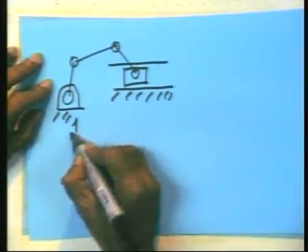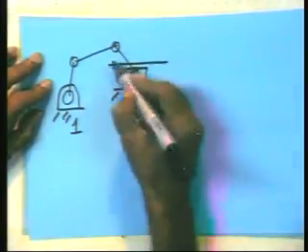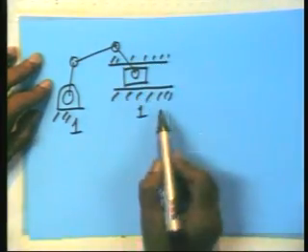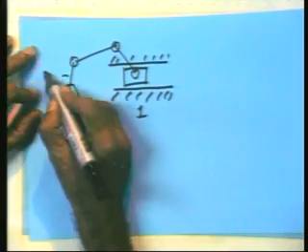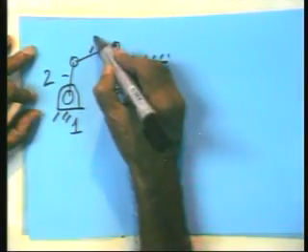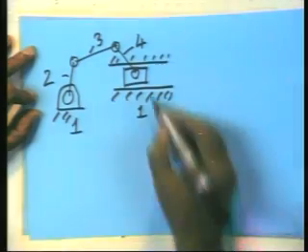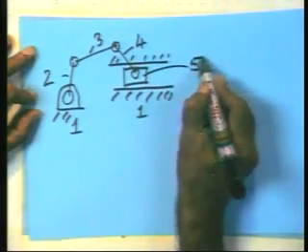The base link is 1, the same base link is there. The guide is also a base link, remember that, part of the base link. So that is numbered 1, this is 2, this is 3, this is 4, and the fifth link is this slider. The slider is also a fifth link.